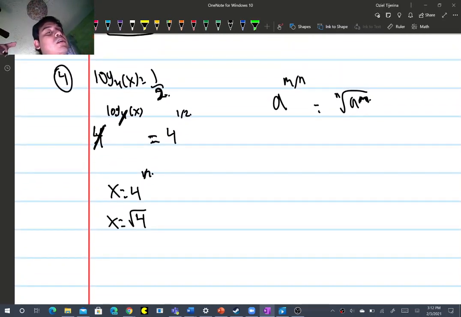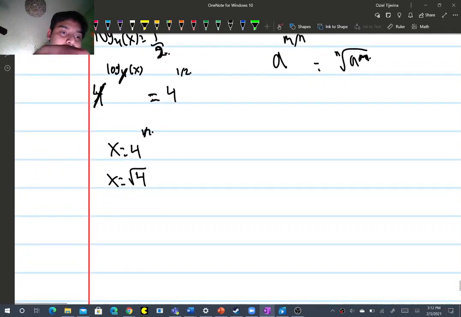And since it's the square root of 4, however, I don't think you would go ahead and say plus or minus, because I don't think that you can take the log of a negative number.